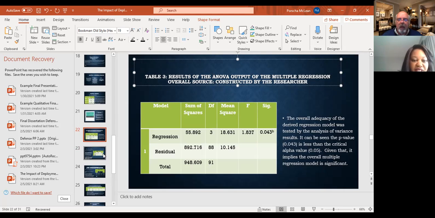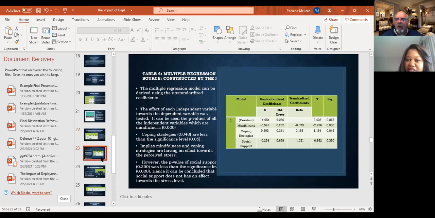Okay, let's go to the next one. I actually have to make this slide a little bit better. It's kind of wordy, but from my understanding, we'll have these p-values.